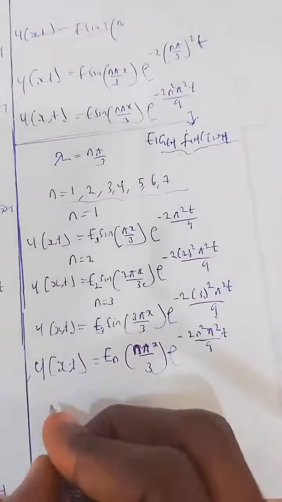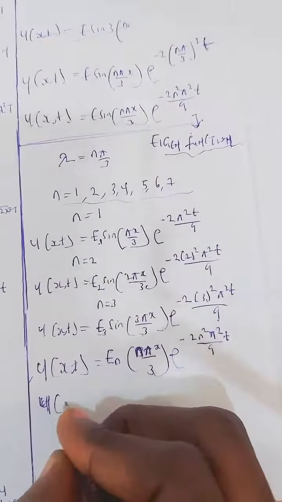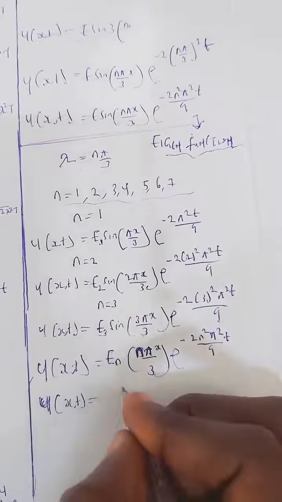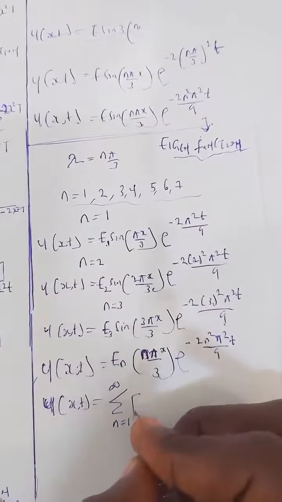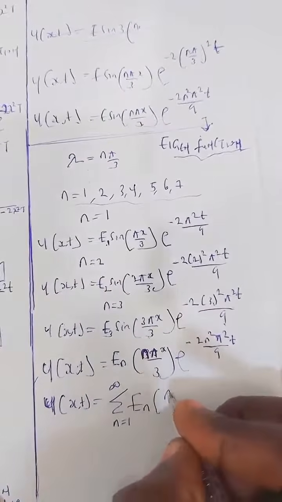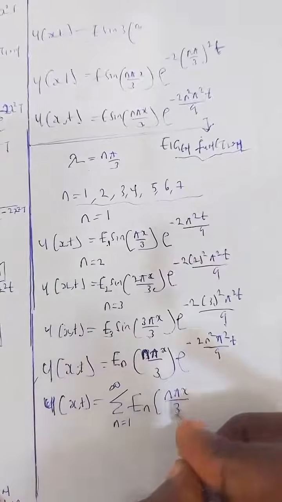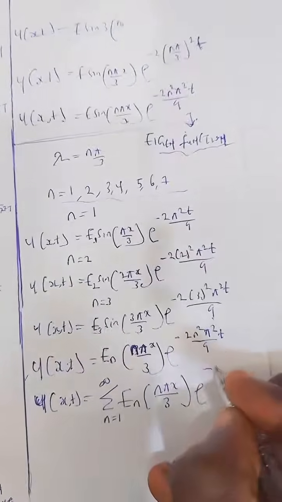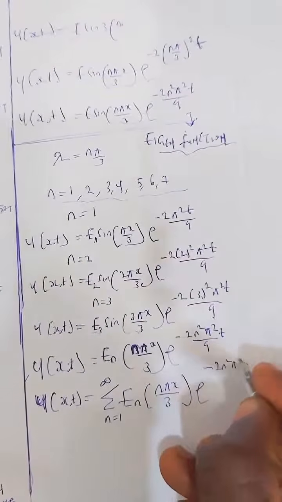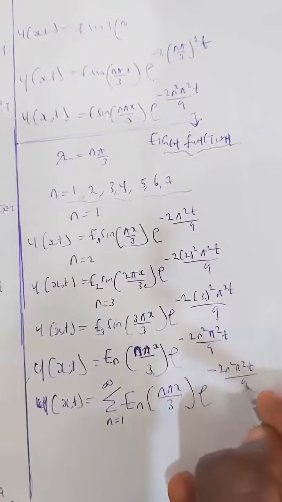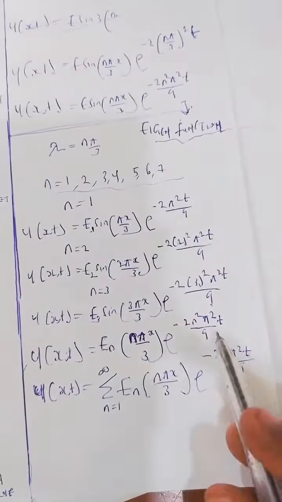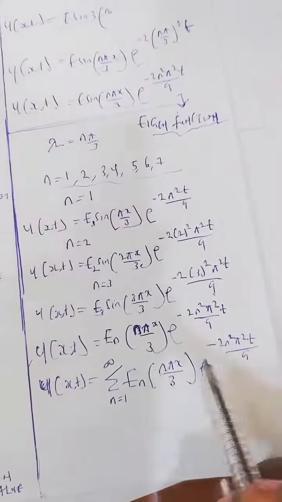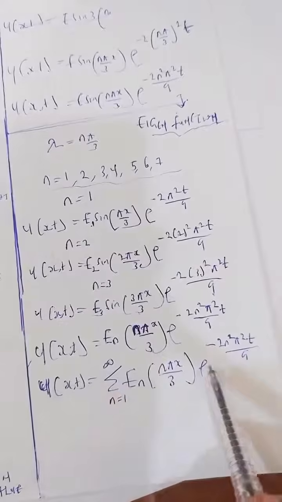In some textbooks, you see this as u open bracket x comma t equals the summation from n equals 1 to infinity of e subscript n all into bracket n pi x over 3, exponential negative 2n squared pi squared multiplying t over 9. So this is the same thing. It actually means the same thing. So this is our general eigenfunction.